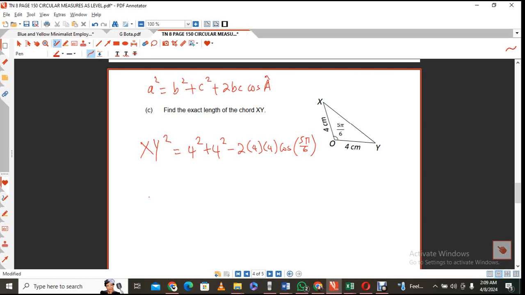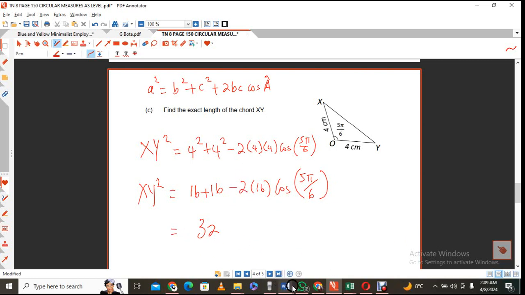So xy squared is 16 plus 16, 2 times, well, this is 2 times 16, times the cos of 5 pi over 6. So in a nutshell, there are 2 terms here, all right? So this is 32 over here.